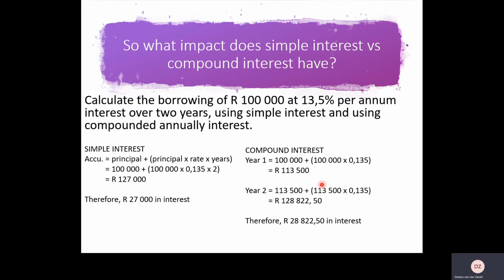Okay, so when borrowing, we want simple interest if possible. If it's compound interest, it must be the lowest possible interest rate, or as few compounds as possible. All of this ensures the least amount of interest. Since we are borrowing, we want to pay as little back as possible.